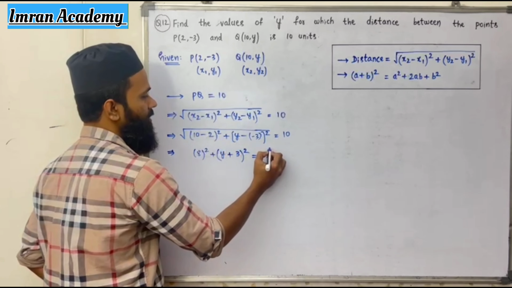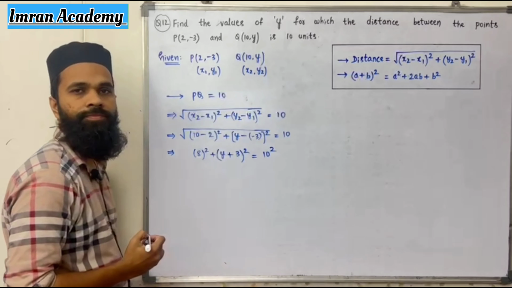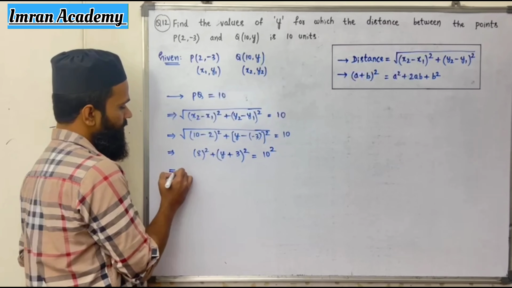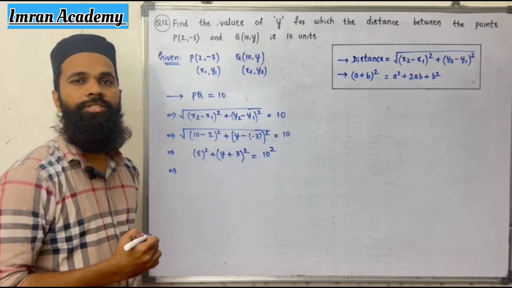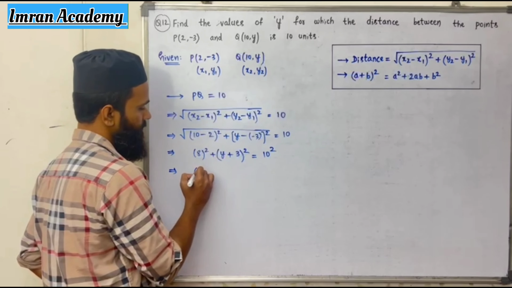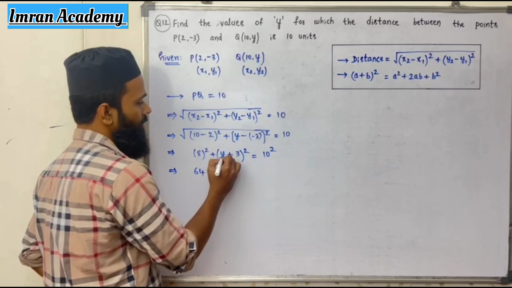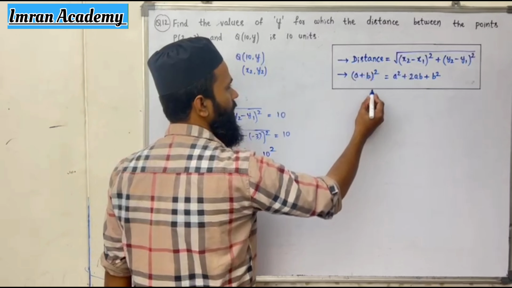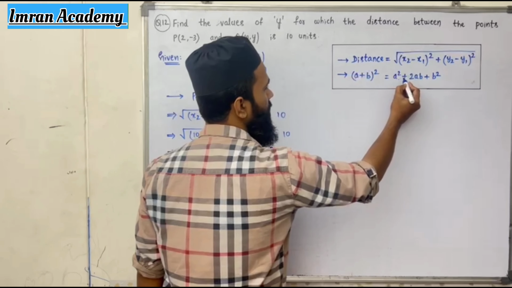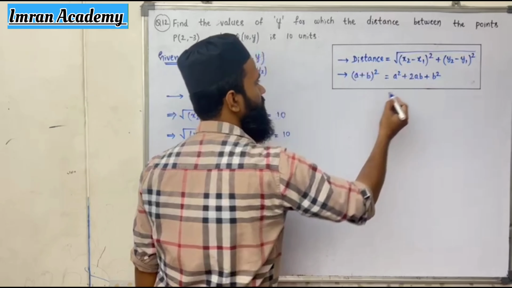Square root, this side becomes square. It implies 8 square is 8 into 8, that is 64, plus (y plus 3) whole square. See here, (a plus b) whole square is equal to a square plus 2ab plus b square.